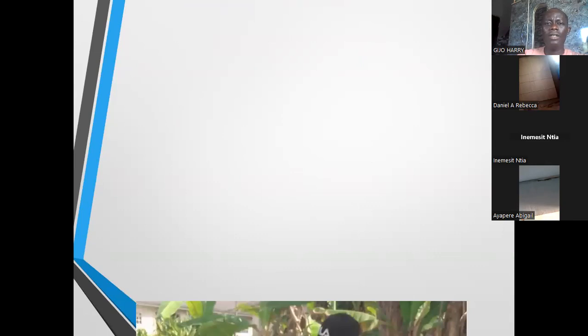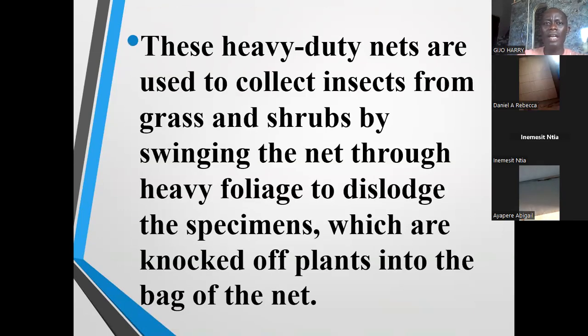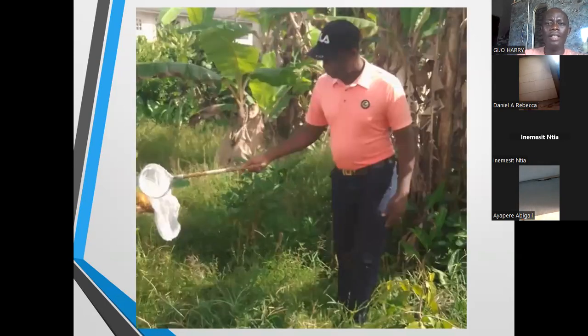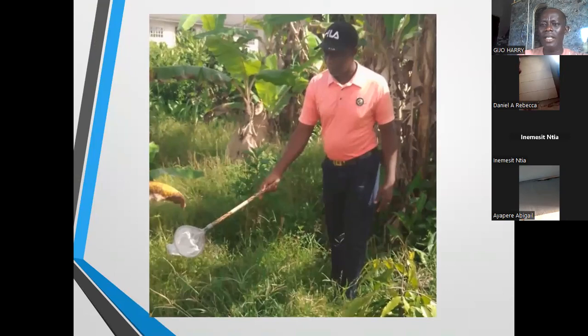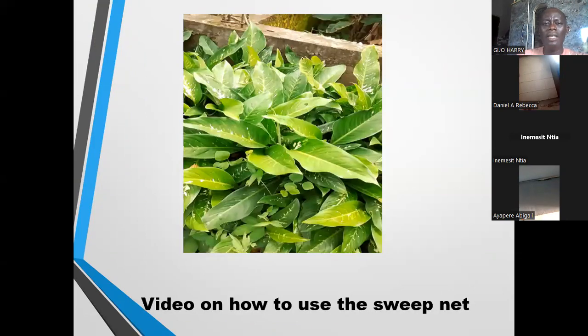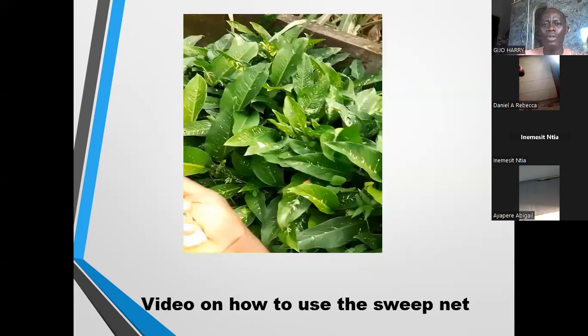Then we also looked at the use of sweep nets. We said the sweep nets are used to collect insects and arachnids that are found in grasses. These nets are swept on the surface of the grasses to collect insects such as the grasshoppers and many others, just as it's been demonstrated here.